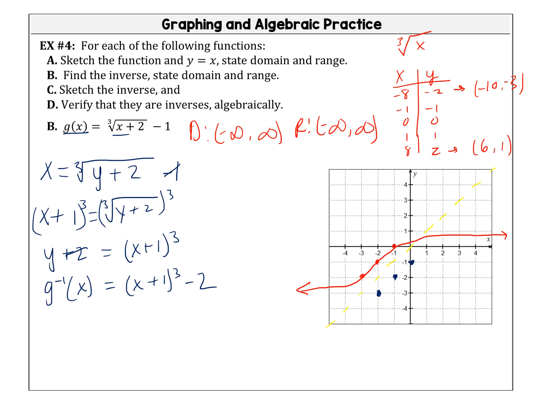So when I am looking at my values, I know that -3 is over here and it goes all the way down to -10. So I clearly am off the page somewhere down here, living my best life, coming up here. And then I'm going to cross here and I'm at 6, 1.